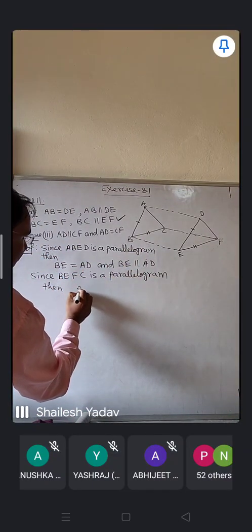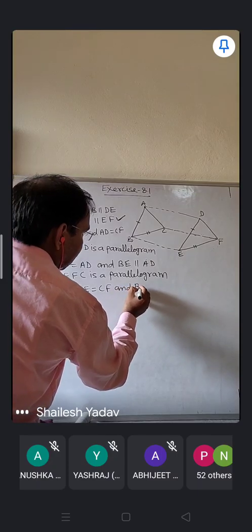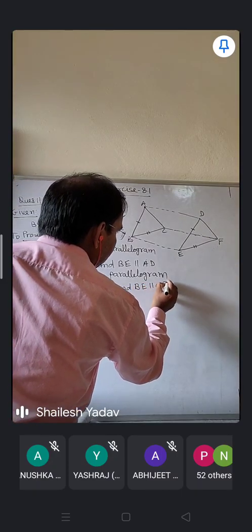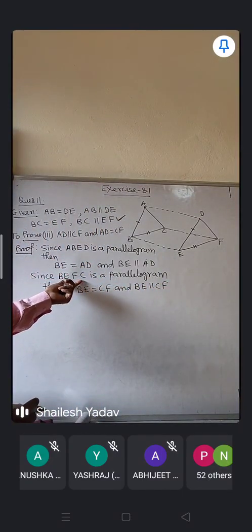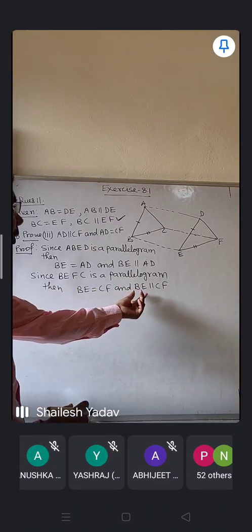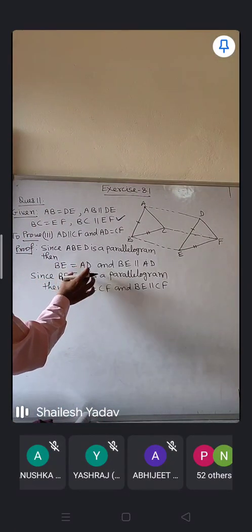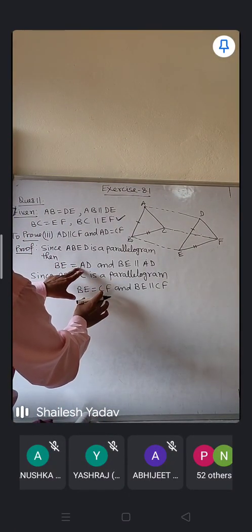So you can write BE equal to CF and BE parallel to CF. If BEFC is a parallelogram, BE and CF are the opposite sides, so both will be equal and parallel. Now students, here I have written BE equal to AD and here I have written BE equal to CF.